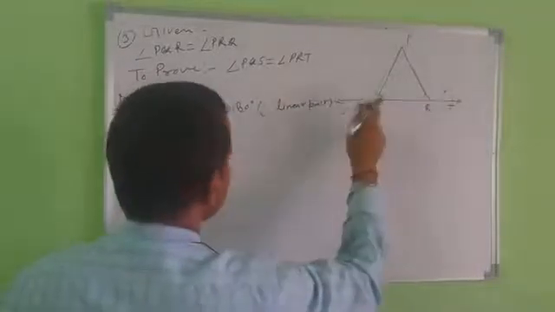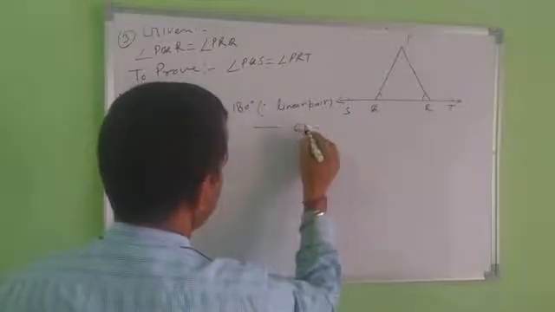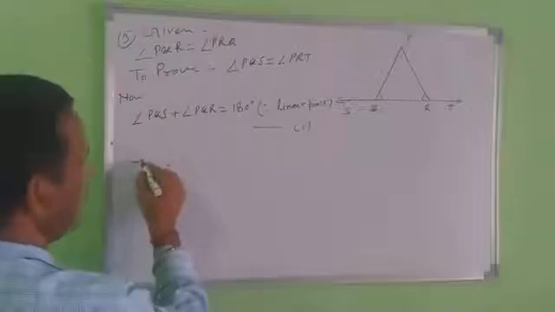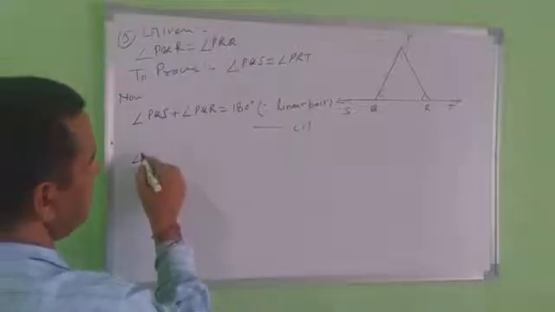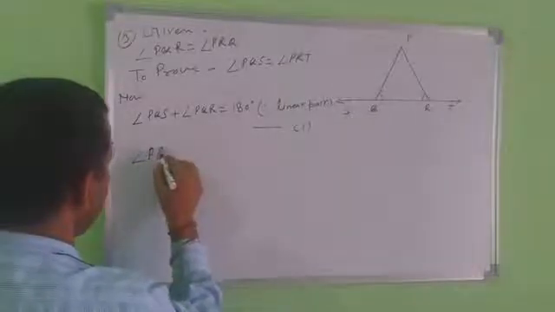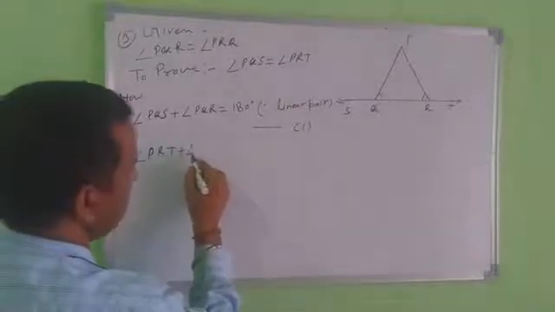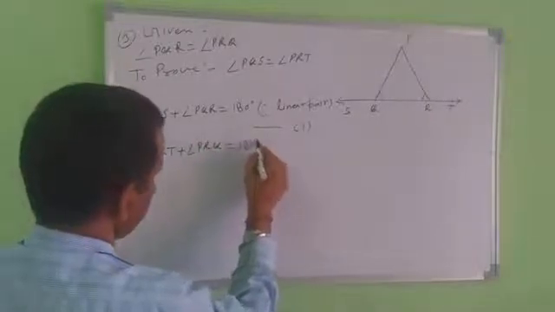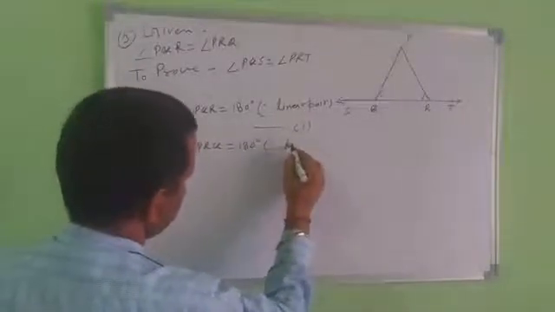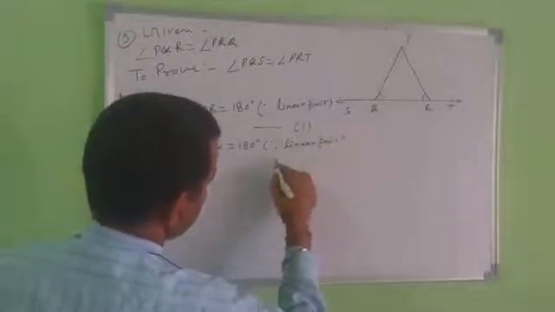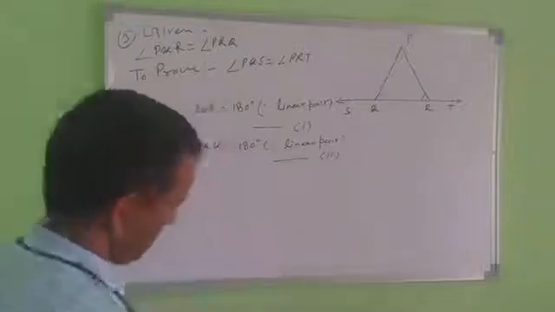This is equation first. Similarly here, angle PRT plus angle PRQ equal to the same 180 degrees, because here also is a linear pair, and this one is equation second.